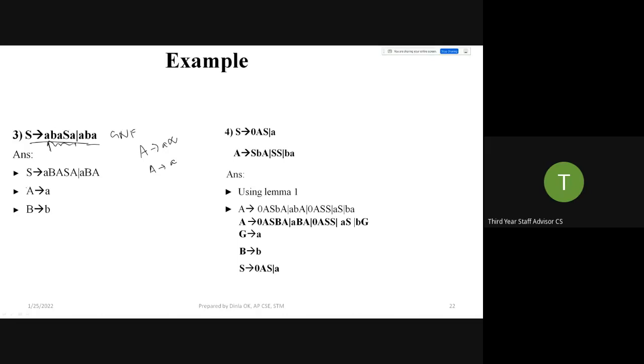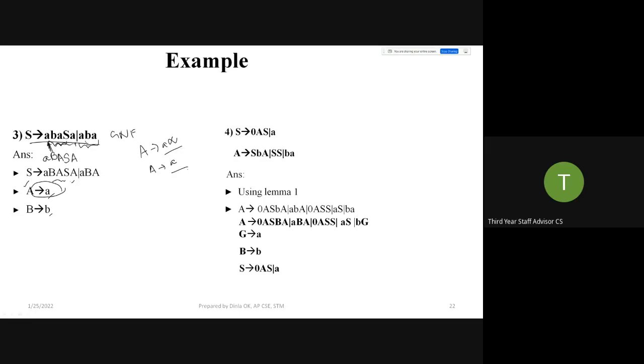So we can introduce a new production, writing small a for A and B for B. The first A stays as it is, and the remaining A and B we convert into non-terminals: the second term is non-terminal B, next non-terminal A, then non-terminal S, and non-terminal A. So we have introduced a production A implies A. Similarly, we can have only a single terminal followed by a set of non-terminals.